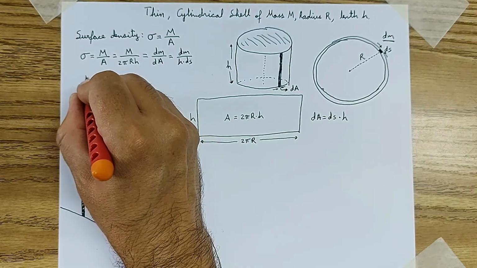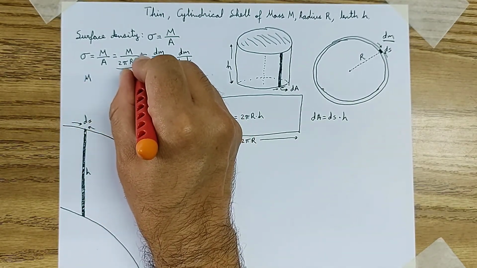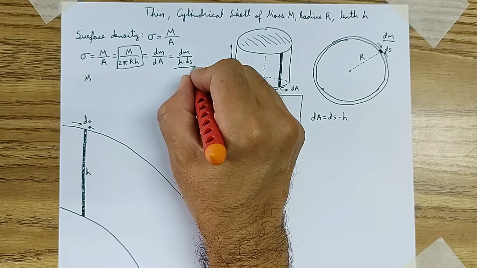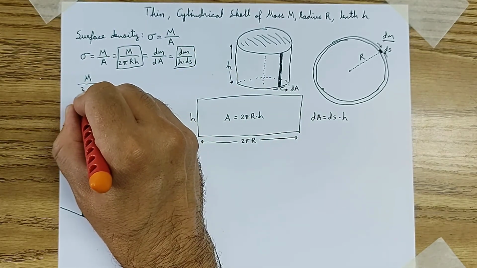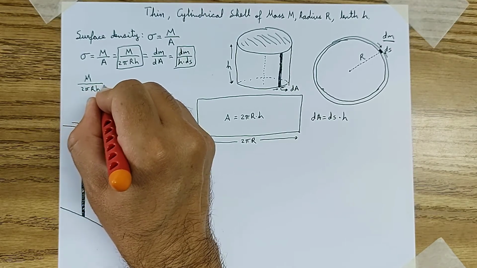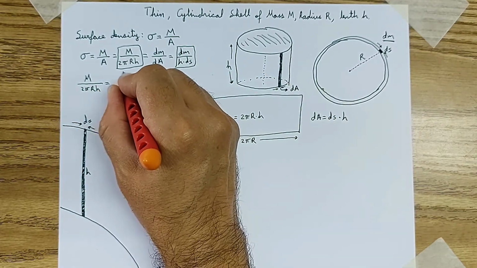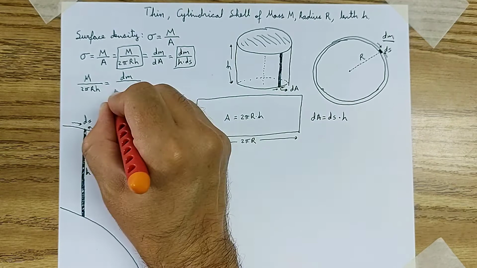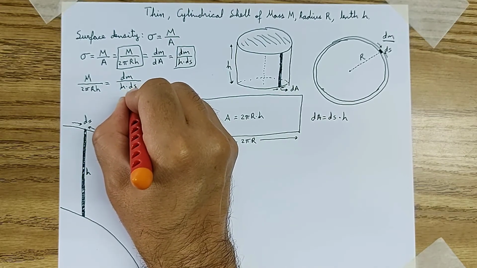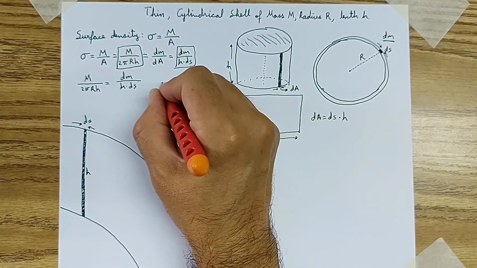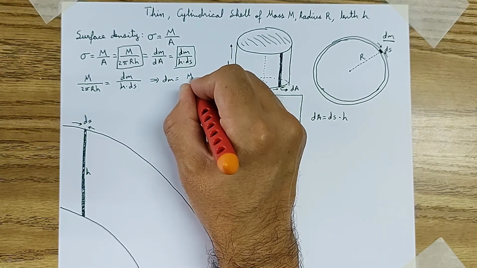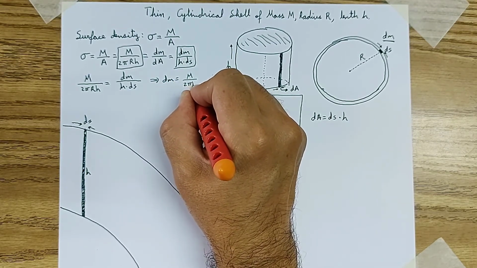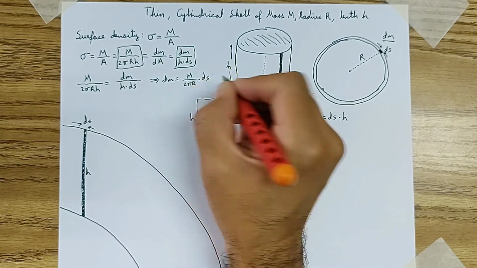Now, if we keep these two parts of the equation, we are left with total mass over 2 pi r h equal to dm over h ds, or what's the same, dm is equal to mass over 2 pi r ds.